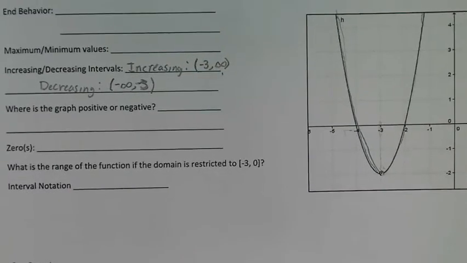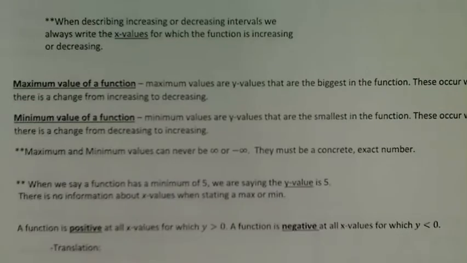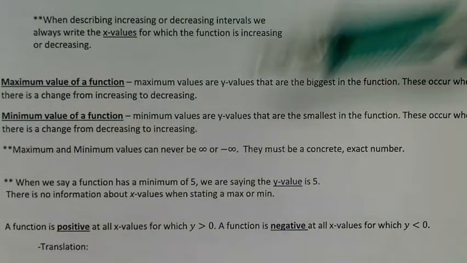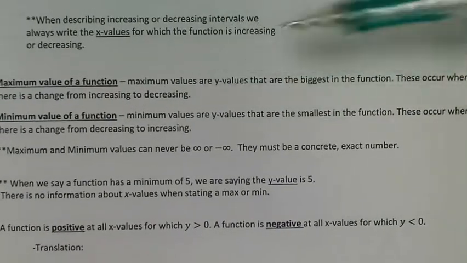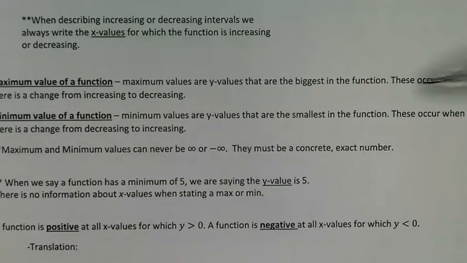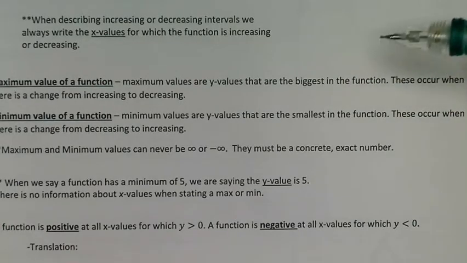Okay, let's go back to this page. Let's talk about maximum and minimums. So maximum values are y values that are the biggest in the function. These occur when there is a change from increasing to decreasing. So let's think about that.